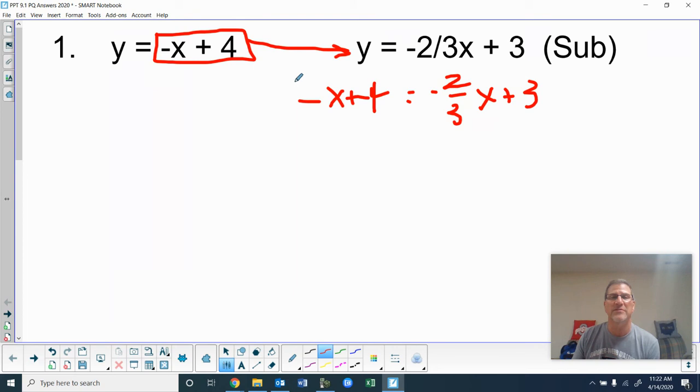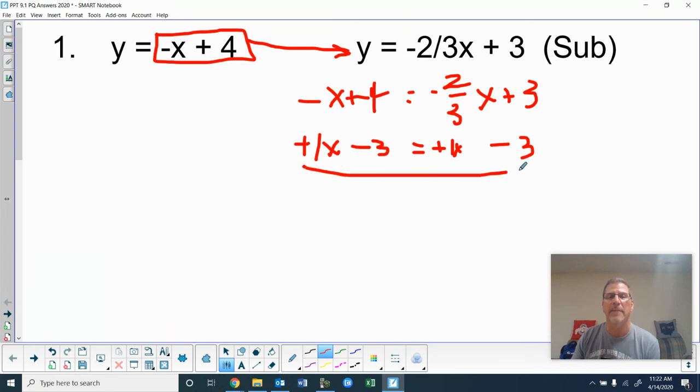So what I'm going to do is take this negative 1x and add it to the right side. And then I'm going to also do two steps here. I'm going to take the negative 3 and subtract it to get it on the left side. Okay?